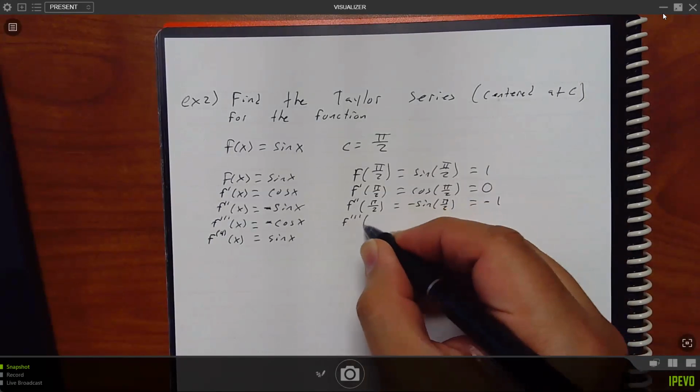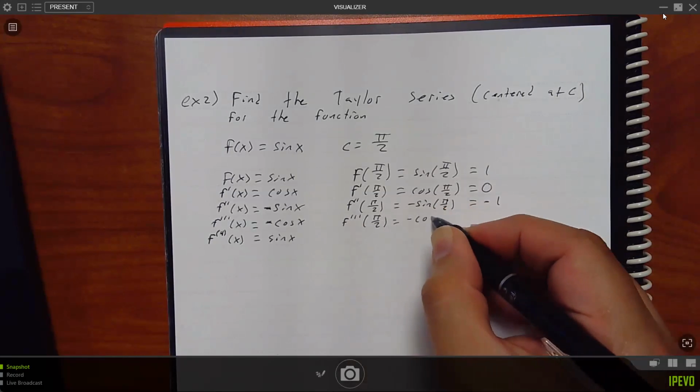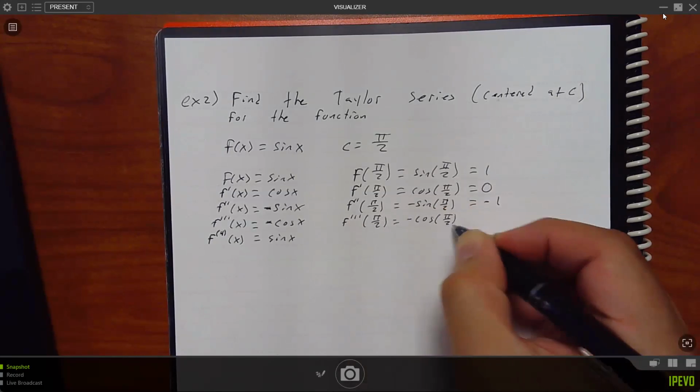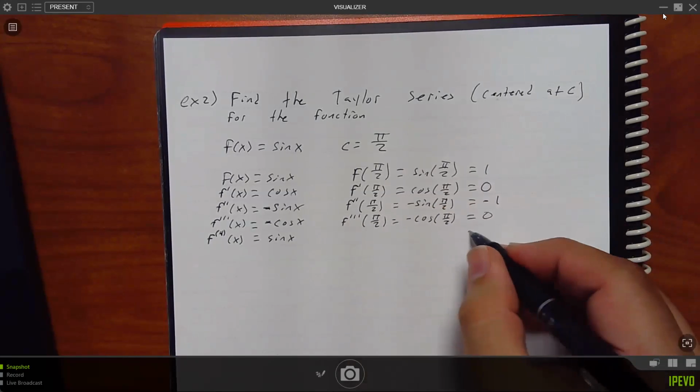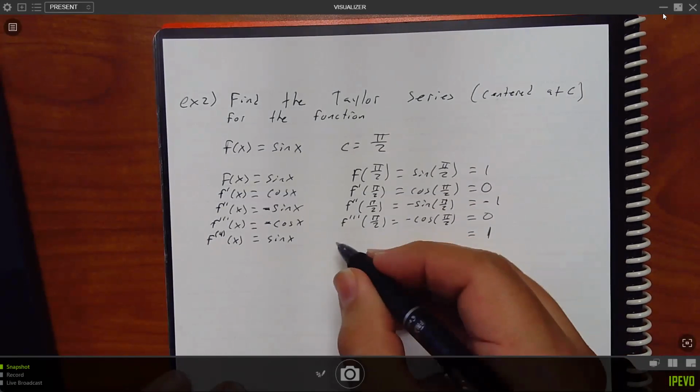Triple prime. It's going to be 0, right? The values will be 1, 0, negative 1, 0, 1. Then it starts to repeat forever, right? At pi over 2.